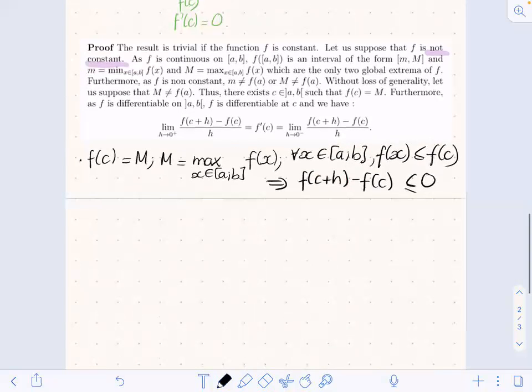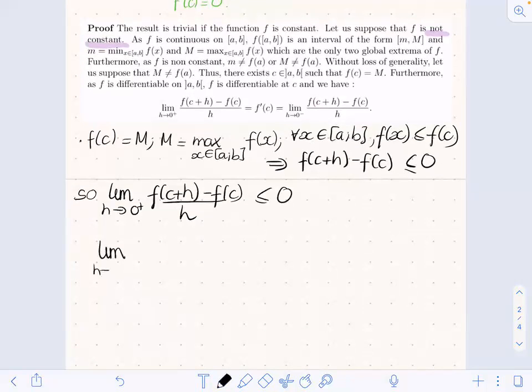And so the limit when h goes to 0 plus of f of c plus h minus f of c, divided by h. What's the sign of this limit? Negative. Absolutely, yeah. So that's negative.